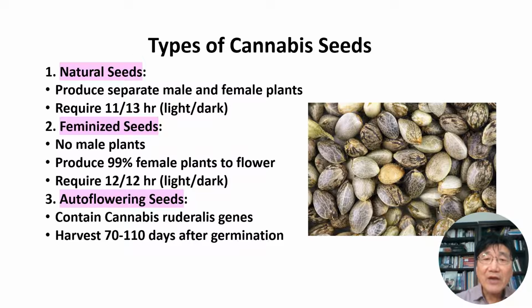Lastly, autoflowering seeds are not influenced by the photoperiod due to the ruderalis genes. They have a short growing period, such as 70 to 110 days.